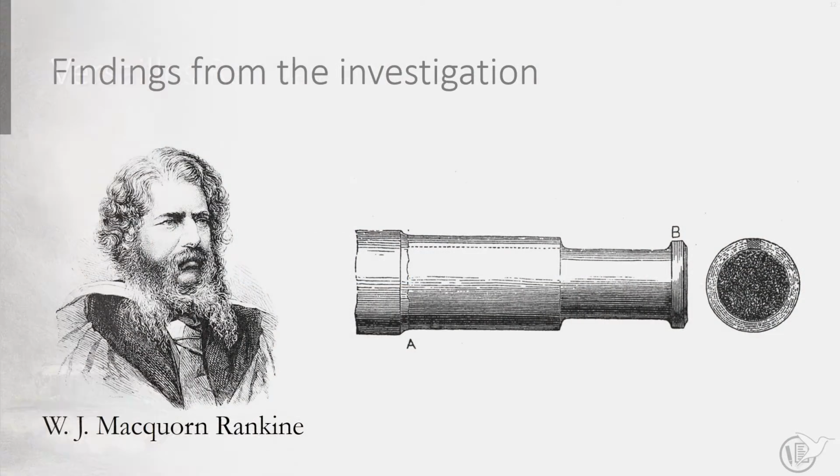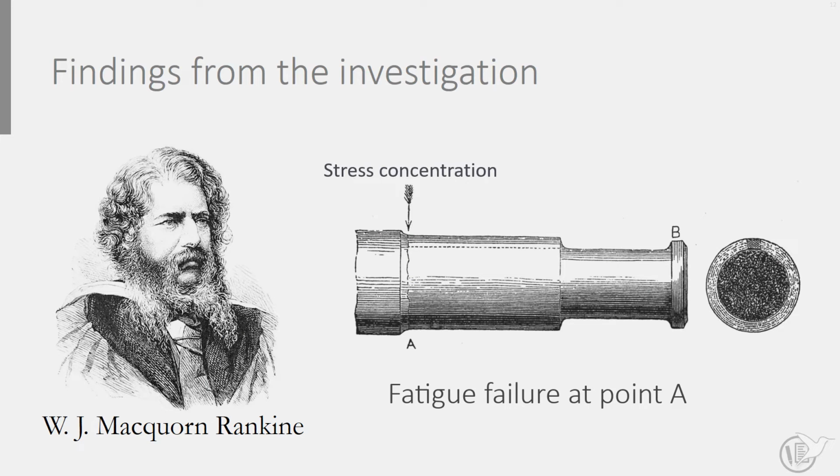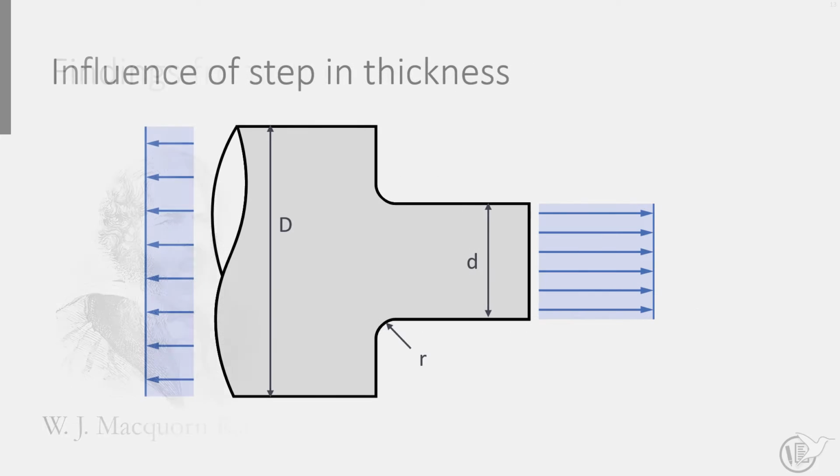After investigating the accident, Rankine concluded that fatigue in combination with stress concentration had led to the front axle failure. This concentration of stress was present at transitions in the axle diameters. We can understand that when looking at this illustration. Obviously, this is not the load condition of the train front axle, but it makes the concept of stress concentration clear.